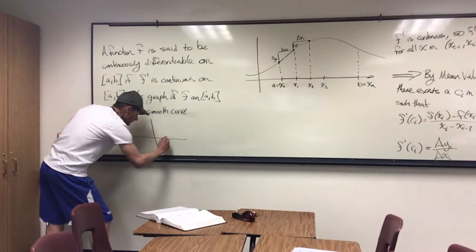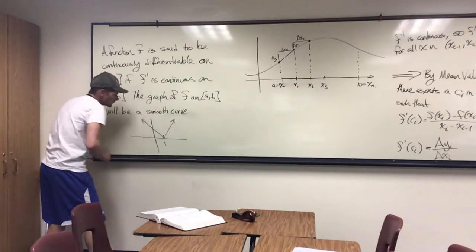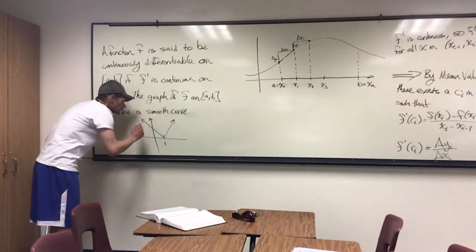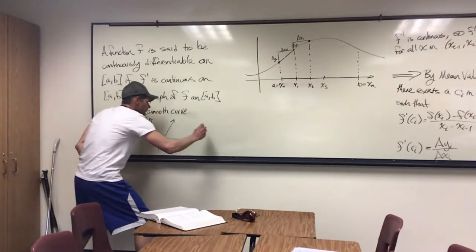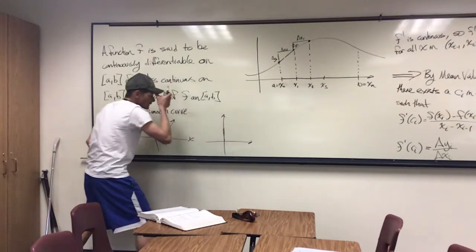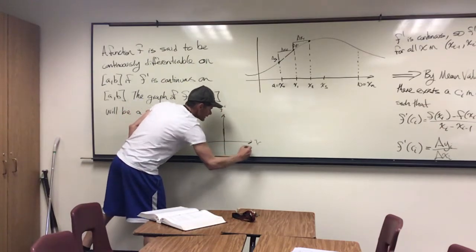One you're really familiar with, maybe the absolute value of x minus 1. What does its graph look like? Well, what does its derivative look like? We'll say this is x, this is f over here. I will draw f prime and x.